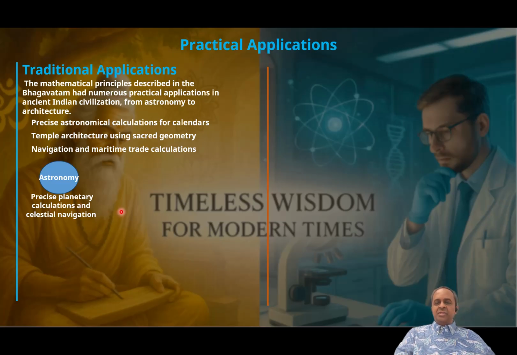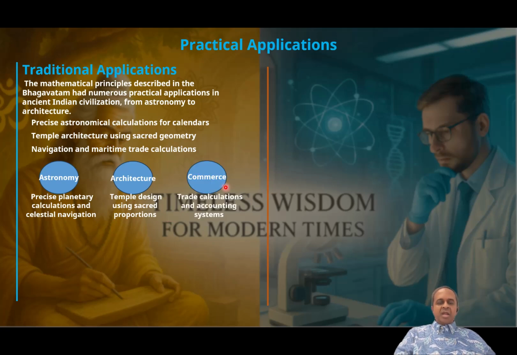Temple architecture using sacred geometry created structures that were not only aesthetically beautiful but also acoustically and structurally sophisticated. Right? Today, if you go to India, you will find some of this ancient architecture and you will be amazed at that. The mathematical principles governing these proportions continue to influence modern architectural designs.